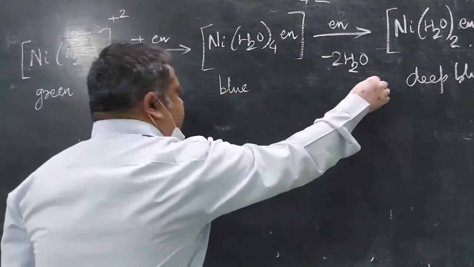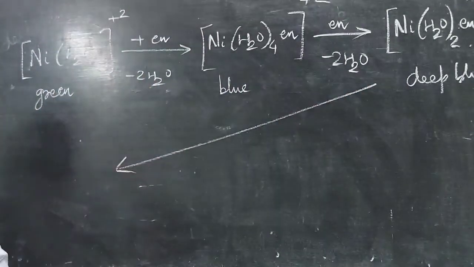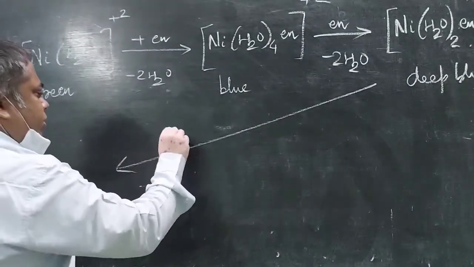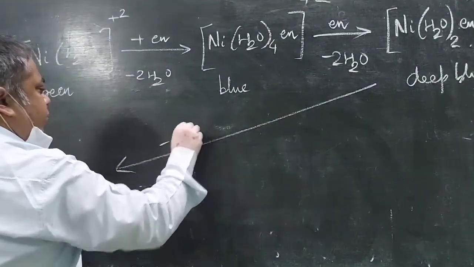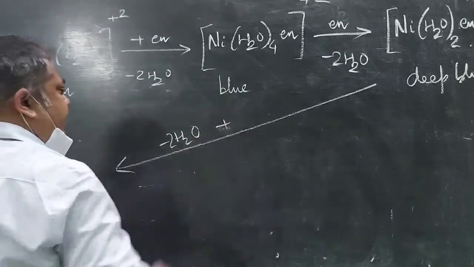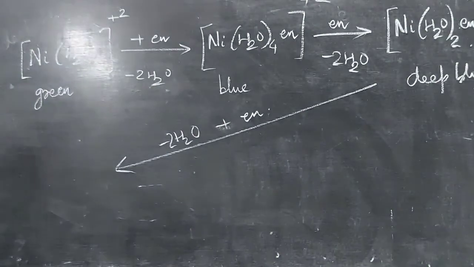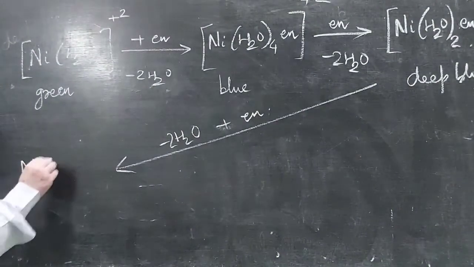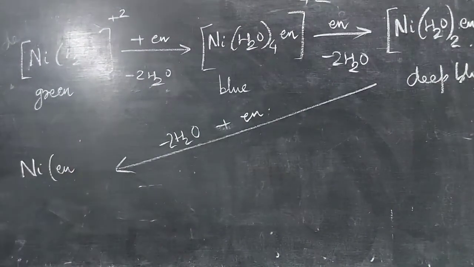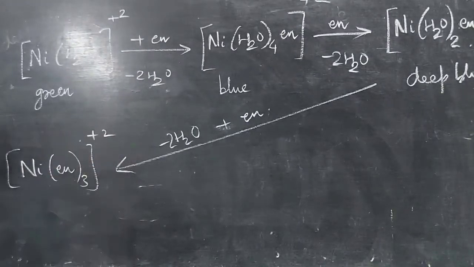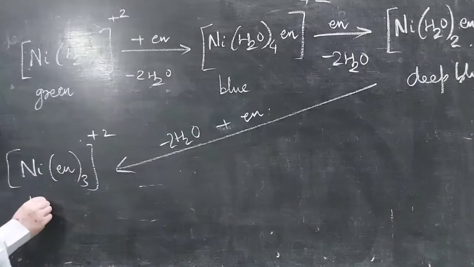At last, if you take out the last 2 left H2O molecules and add en, it will form nickel tris-ethylenediamine 2 plus ion, which will be pink in color or faint pink in color.